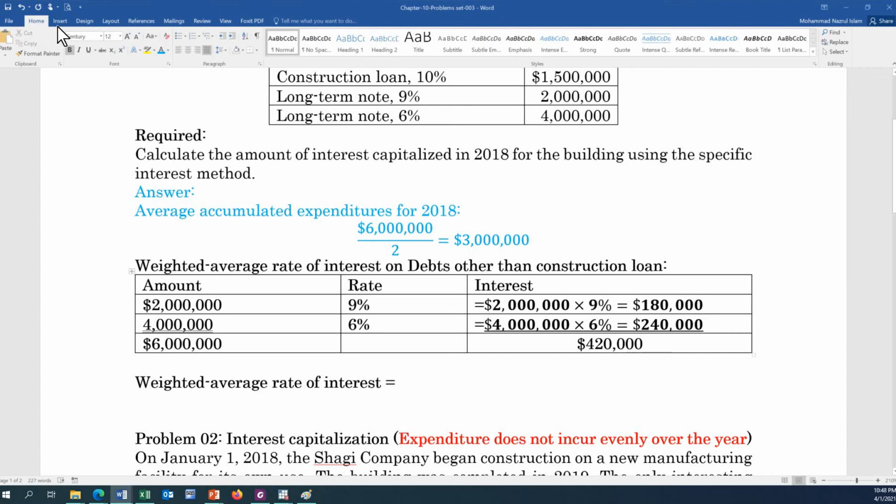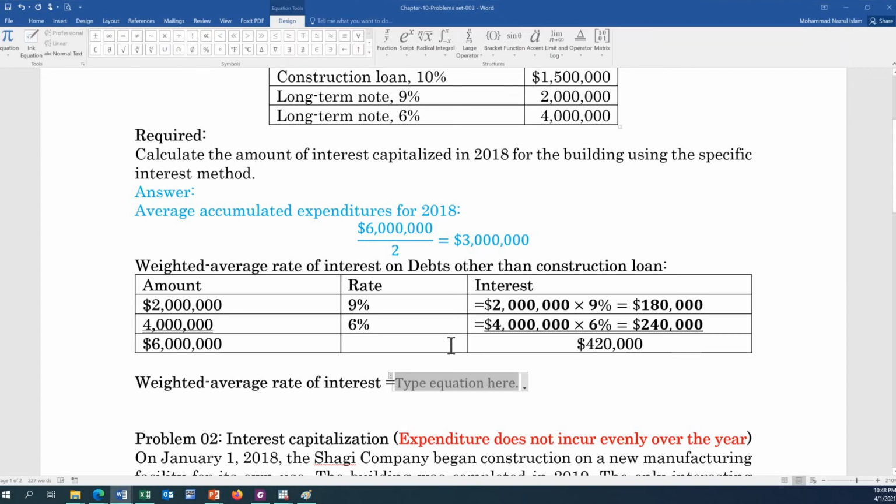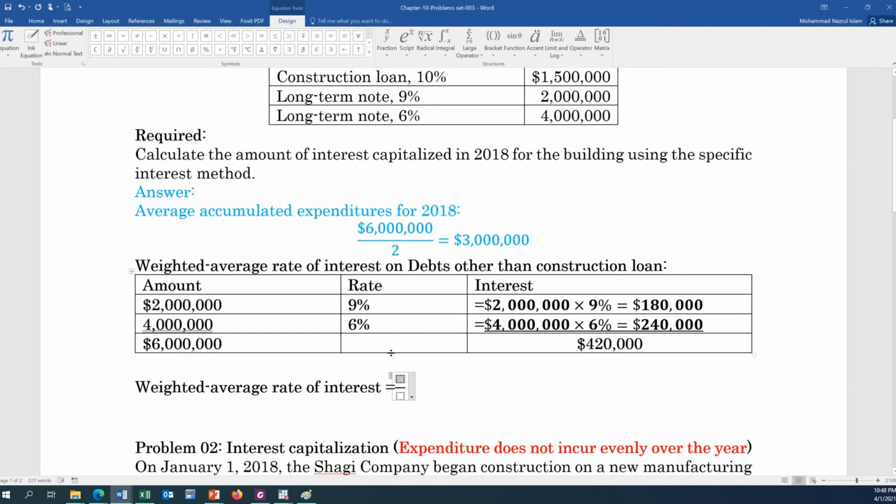So the weighted average interest rate will be equal to total interest divided by the total loan amount. The total interest is 420,000 and our total loan amount is 6 million. So the rate is 7%.